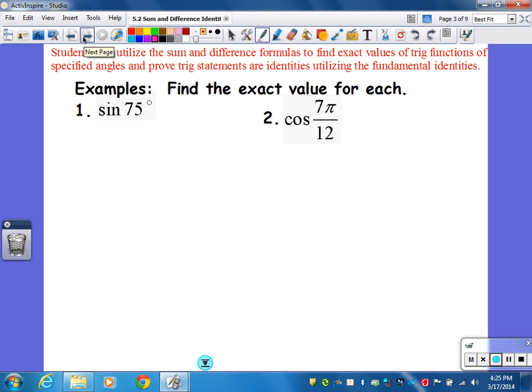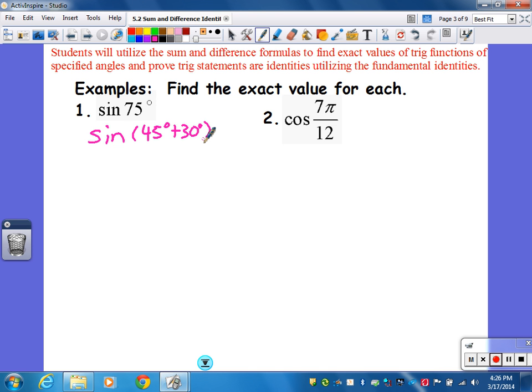Okay, first example. The thing you want to do is make it what you already know. Now I'm looking at sine and I tell myself, okay, sine of 75 degrees can also be written as sine of 45 degrees plus 30 degrees.